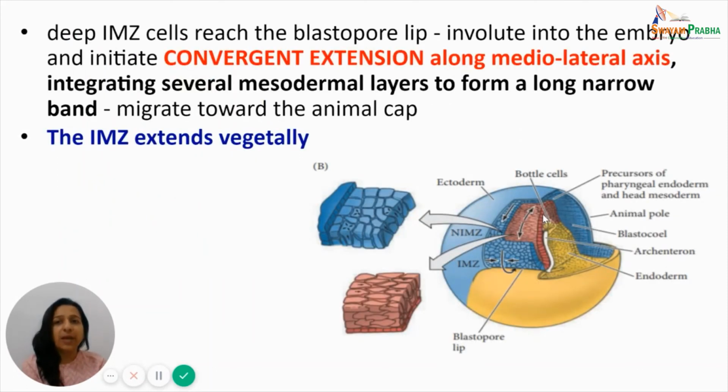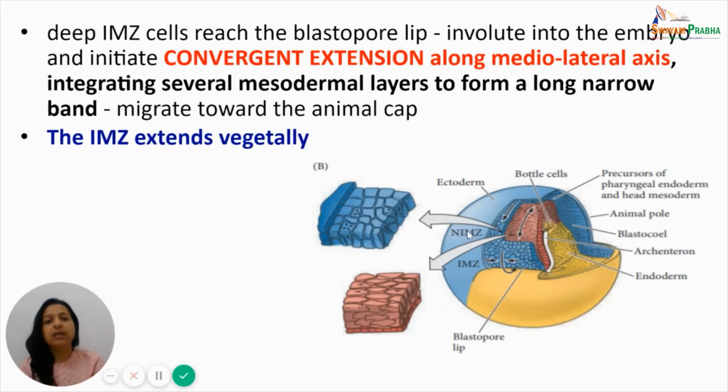Meanwhile, the deep IMZ cells reach the blastopore lip. They start undergoing involution into the embryo and initiate convergent extension along the medio-lateral axis, thereby integrating several mesodermal layers to form a long, narrow band which migrates toward the animal cap. Thus, the involuting marginal zone extends vegetally.